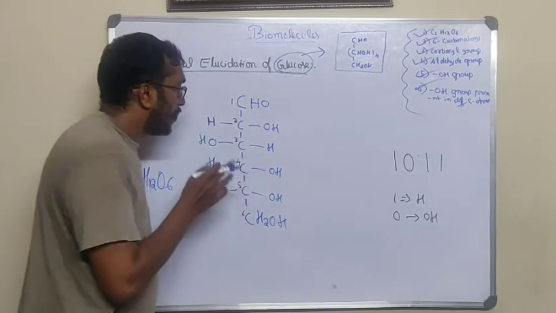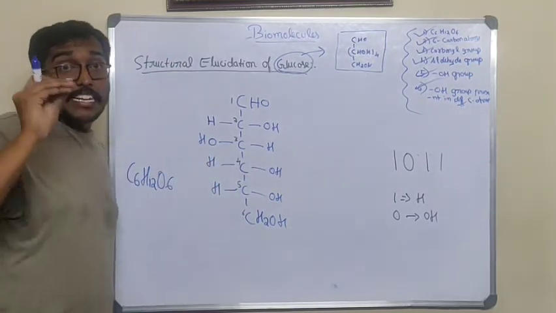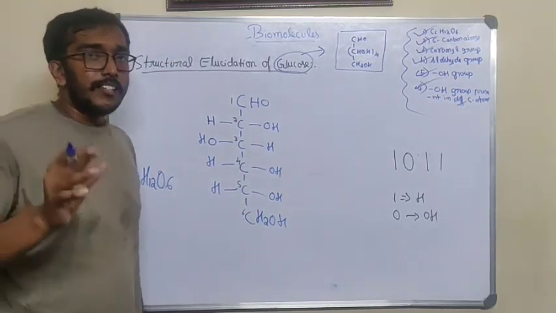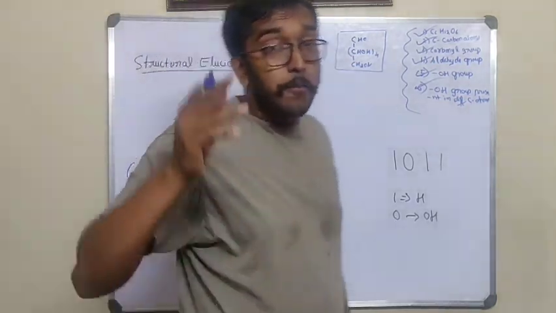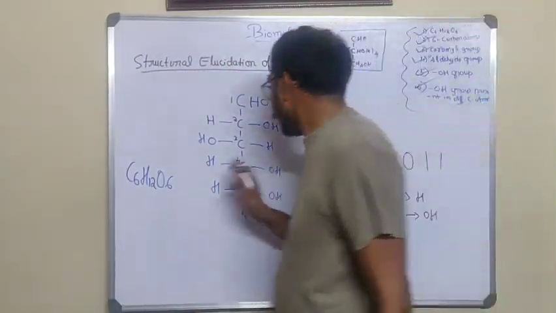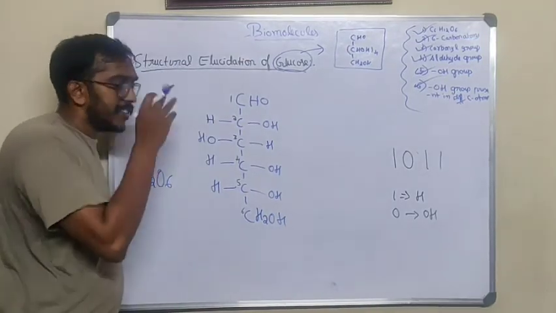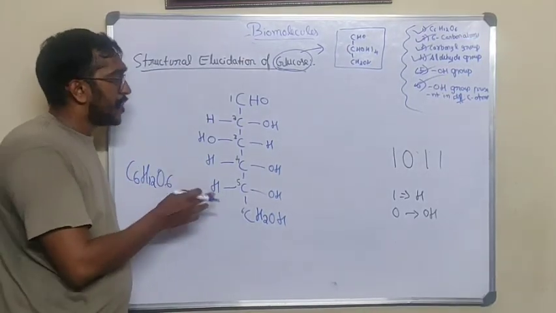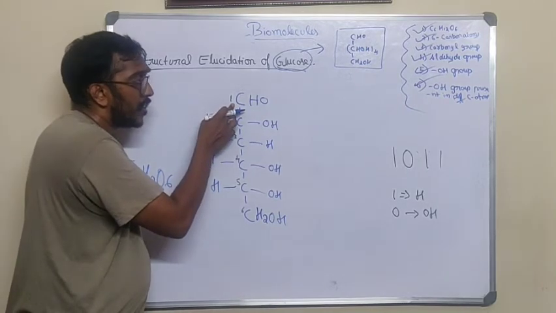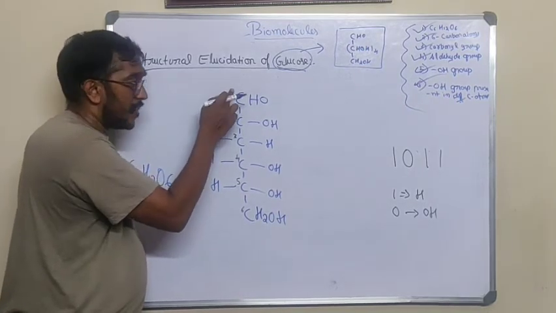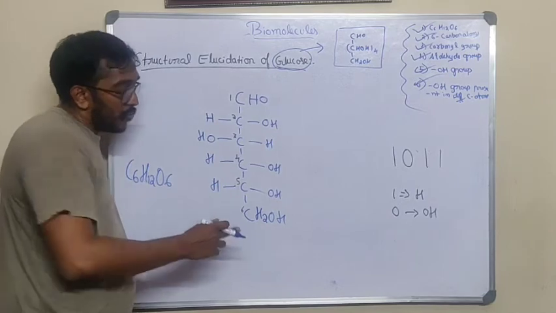And also we should check whether this is a D sugar or L sugar. D sugar and L sugar I have explained in my previous video, please check it out. So we need to check which carbon decides whether it is a D sugar or an L sugar. This is the aldehyde group, and here CH2OH is there.